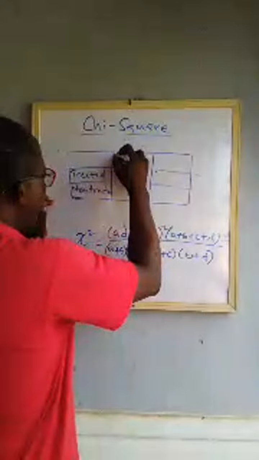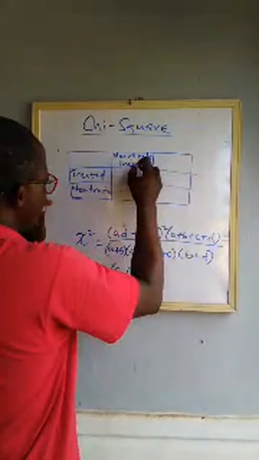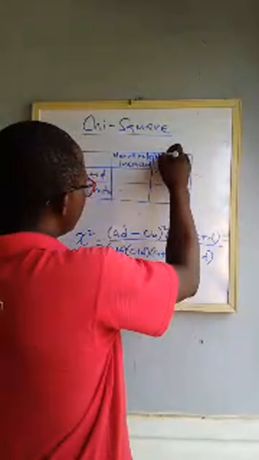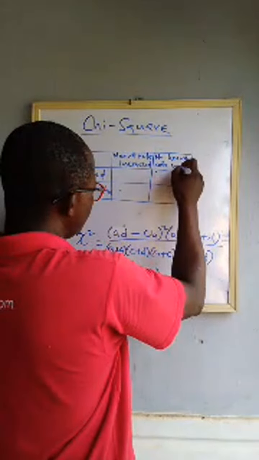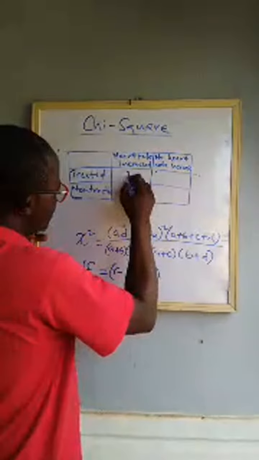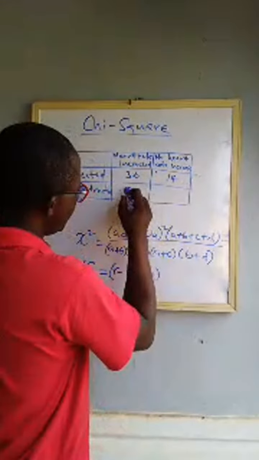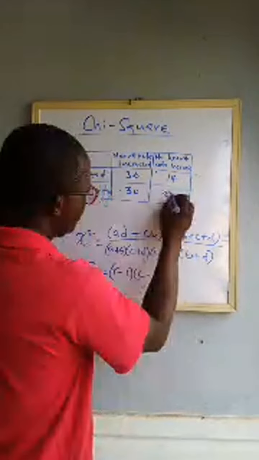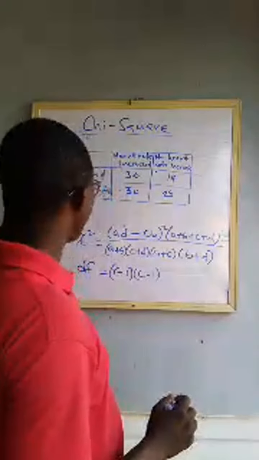Here we have heart rate increased, and the last one, no heart rate increase. They are now giving values 36, 14, 30, and then 25. With that, we are going to perform the chi-square test.